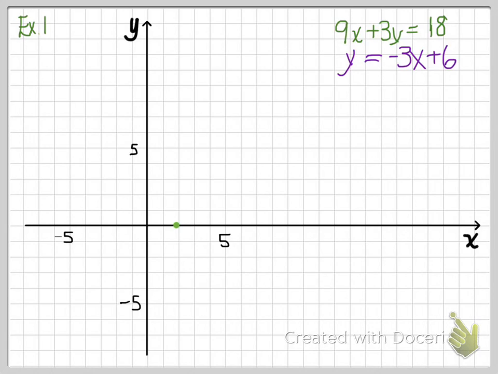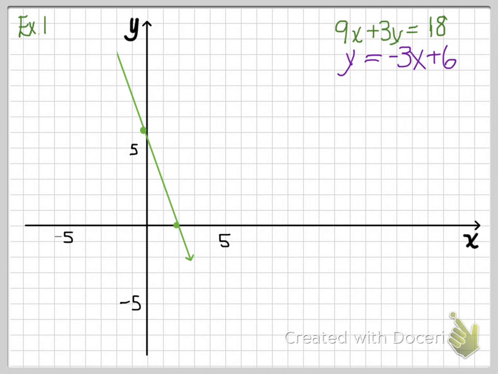So the point 0, 1, 2, 3, 4, 5, 6 is on the graph of our equation. Okay, so there are the intercepts and there's the graph that defines that line.